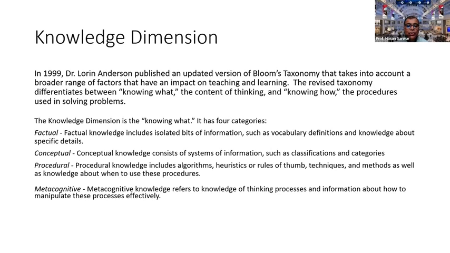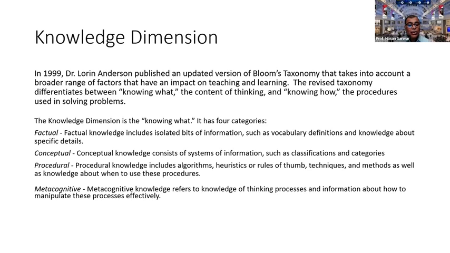And conceptual knowledge consists of systems of information, such as classifications and categories. Procedural knowledge includes algorithms, heuristics or rules of thumb, techniques and methods, as well as knowledge about when to use these procedures. So it's about process and when to apply this process.